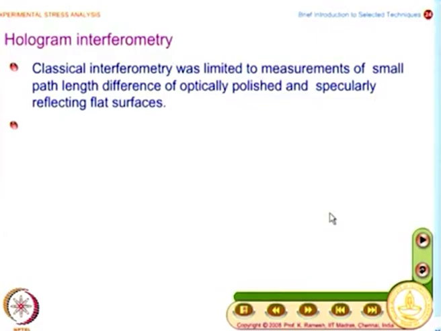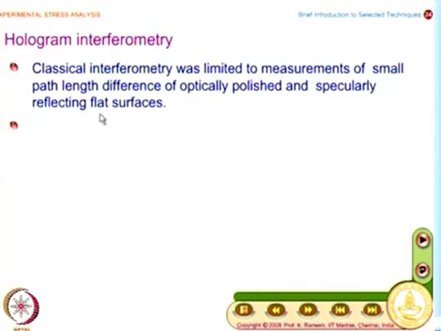In your schools, I am sure you must have done the exercise on Newton rings, where you essentially use optically polished surfaces and find out unevenness by an interferometry technique. So, classical interferometry was limited to measurements of small path length differences of optically polished and specularly reflecting flat surfaces.